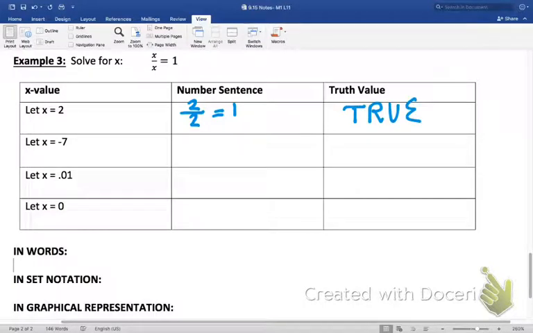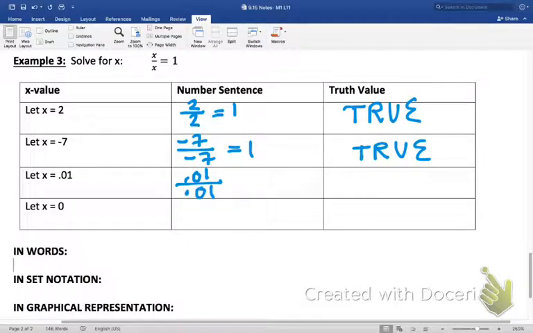Now let's think about negative 7. Negative 7 divided by negative 7, does that equal 1? Well, yeah, the negatives cancel out, so you have negative 7 over itself is 1. What about a decimal like 0.01 divided by 0.01? Does that equal 1? Yes, it does.